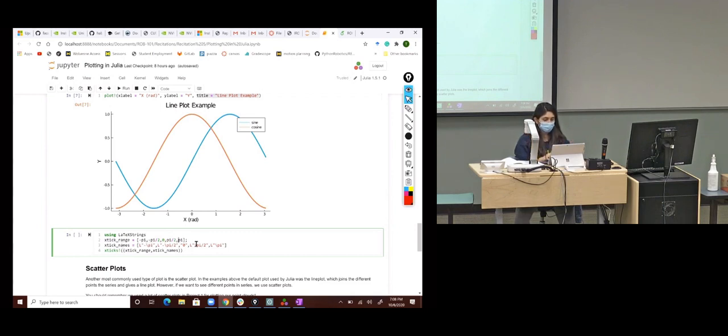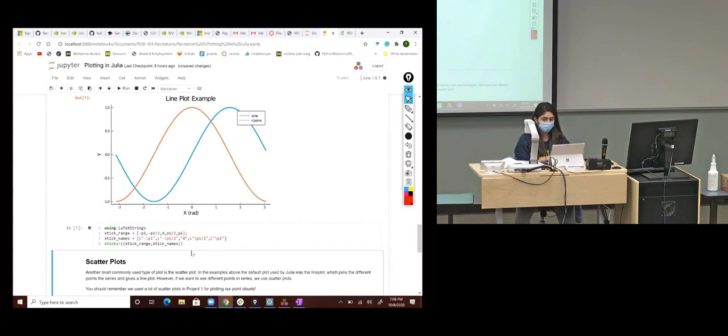And then at those points, I want to see this string minus pi, this string minus pi by 2, and so on. This property is called xticks, which takes the range and the names like this. So when I run it, it's going to look a lot better.